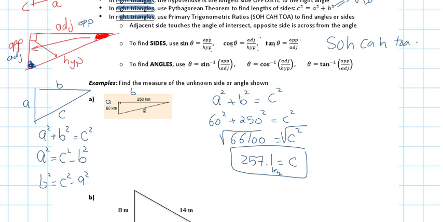Right? Your answer should make sense. Is 257.1 greater than the other two sides? Yes. Right? And it should be because the hypotenuse is your greatest side.